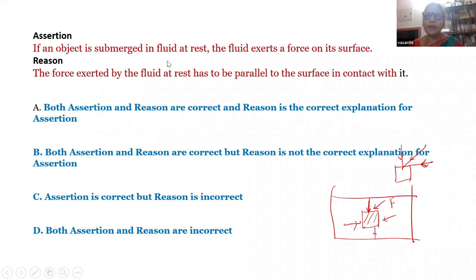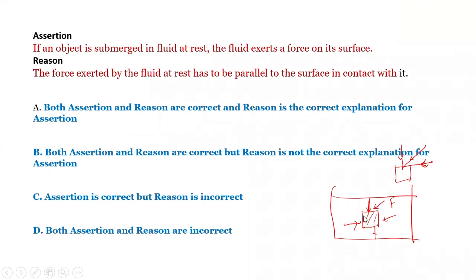The object is submerged in a fluid at rest, but the fluid is exerting force, so the force should not make the object move. So what should be the direction of the force? It should be perpendicular to the surface at every point. Only perpendicular forces will not have a component along the horizontal direction. Is it clear?